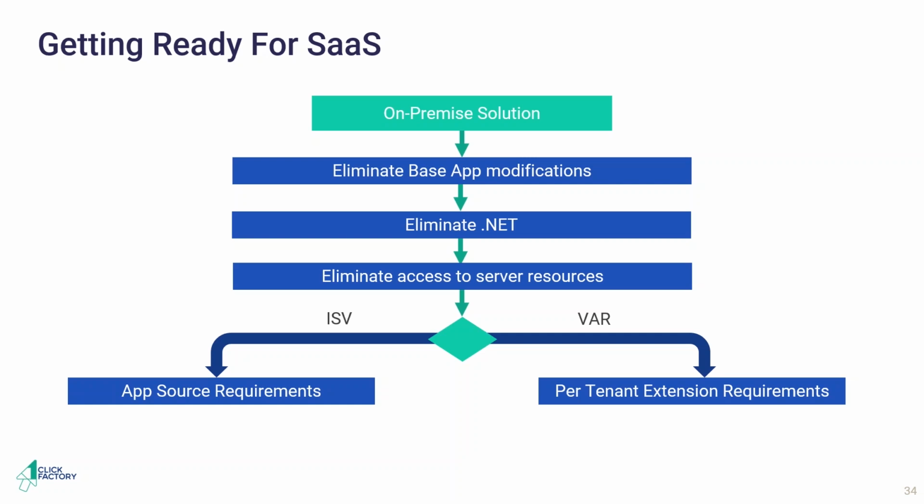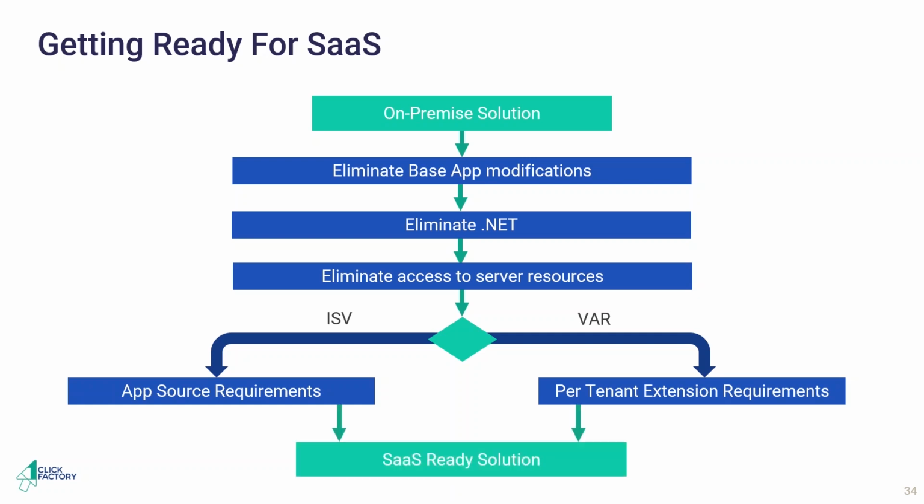And lastly, if everything is perfect, you have a SaaS ready solution for any customer or for your customers or even yourselves to be ready to be used on the SaaS. So we have talked a lot about what steps we have, what transition capabilities, what target platforms, and how to move from CL to AL.